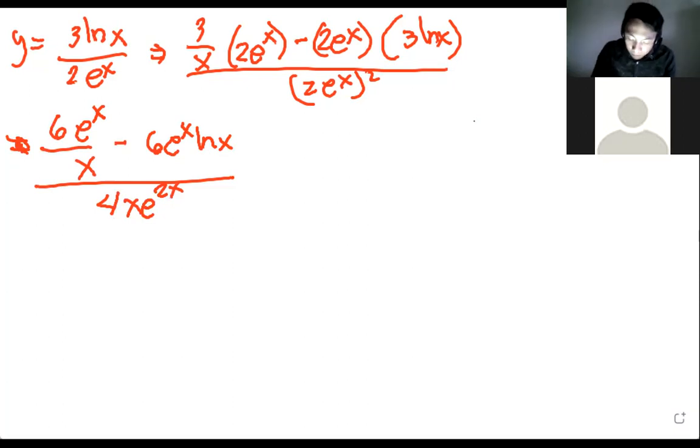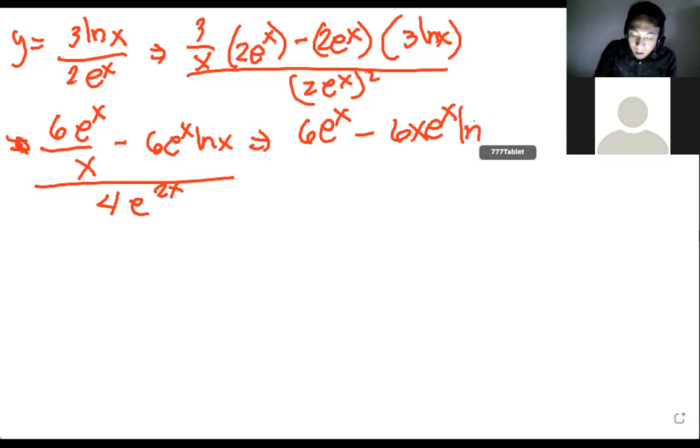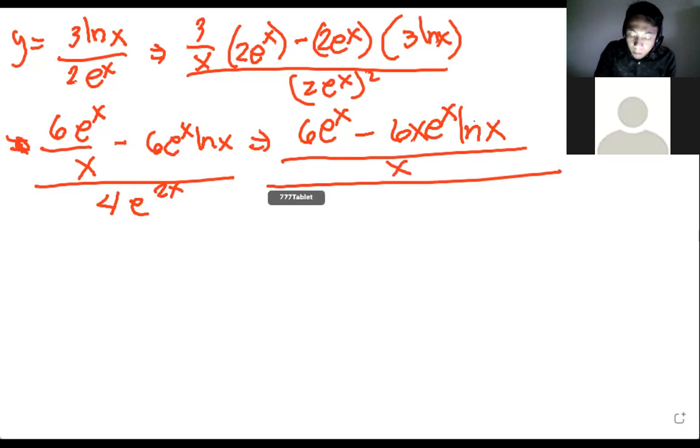Oh, no. Wala na pong x sa baba. So we'll just put 4e raised to 2x. Then I combined yung nasa taas, 6e raised to x minus 6xe raised to x ln x all over 4e raised to 2x.